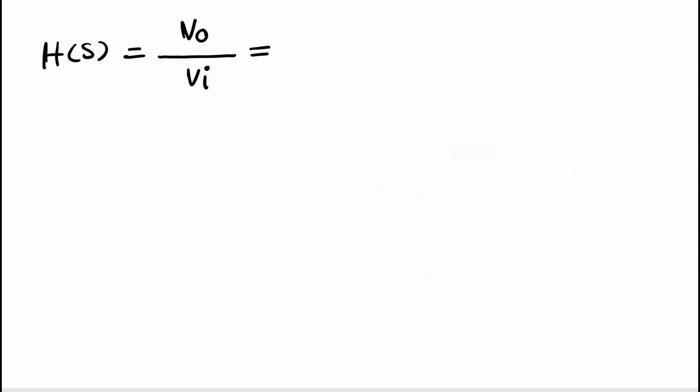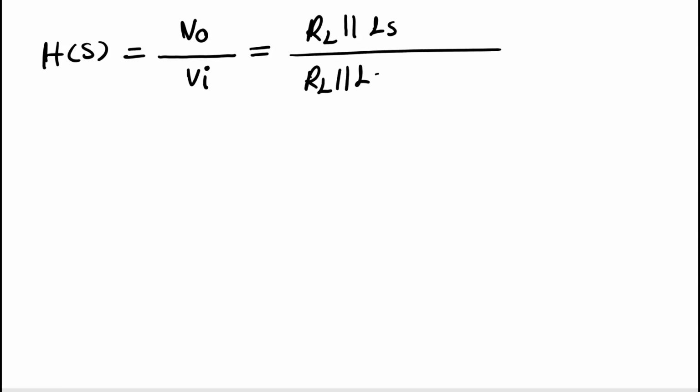So I need to write my voltage divider in this form: RL in parallel with LS divided by RL in parallel with LS plus R. So now I want to simplify what I have here.